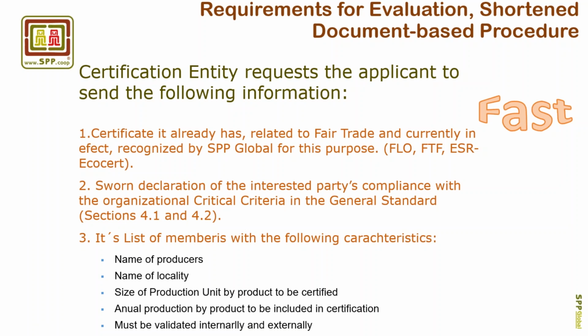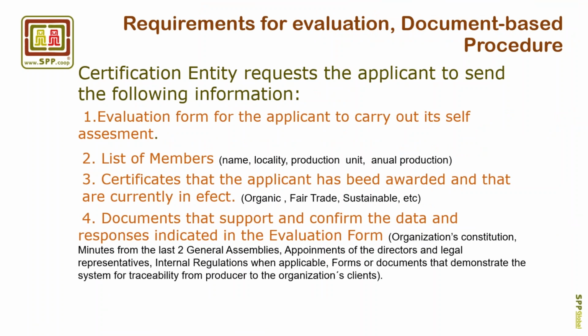You can see that the shortened procedure does not include the evaluation form. This is the difference, this procedure is faster and cheaper. In the document-based procedure, the requirements are, in first place, the evaluation form for the applicant to carry out its self-assessment; the list of members, number 3; certificates that the applicant has been awarded and that are currently in effect, all the certificates that they have.